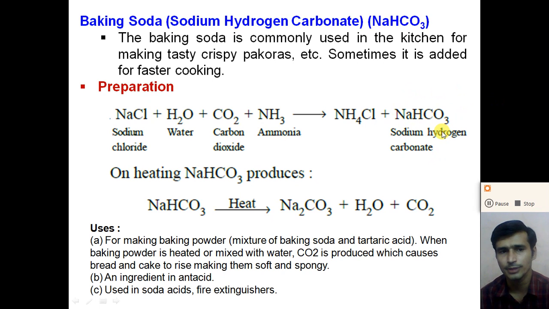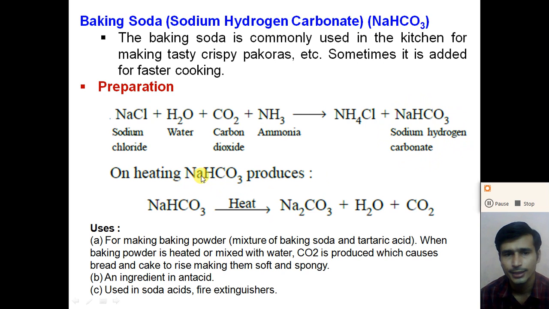So understand the preparation: NaCl plus H2O reacts with CO2 and NH3 to give NH4Cl and NaHCO3, our baking soda.